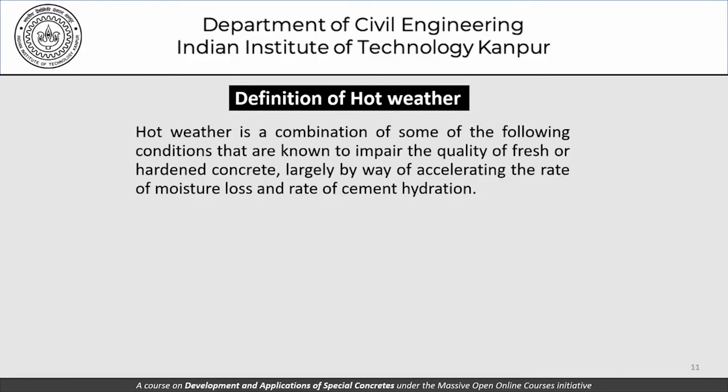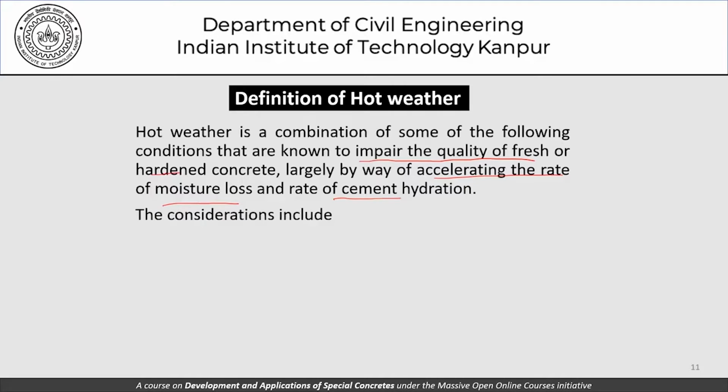How does one define hot weather? Hot weather is a combination of some of the following conditions that are known to impair the quality of fresh or hardened concrete, largely by way of accelerating the rate of moisture loss and the rate of hydration of cement. So we are concerned about the rate of moisture loss from the surface of concrete and the rate of cement hydration having been increased.